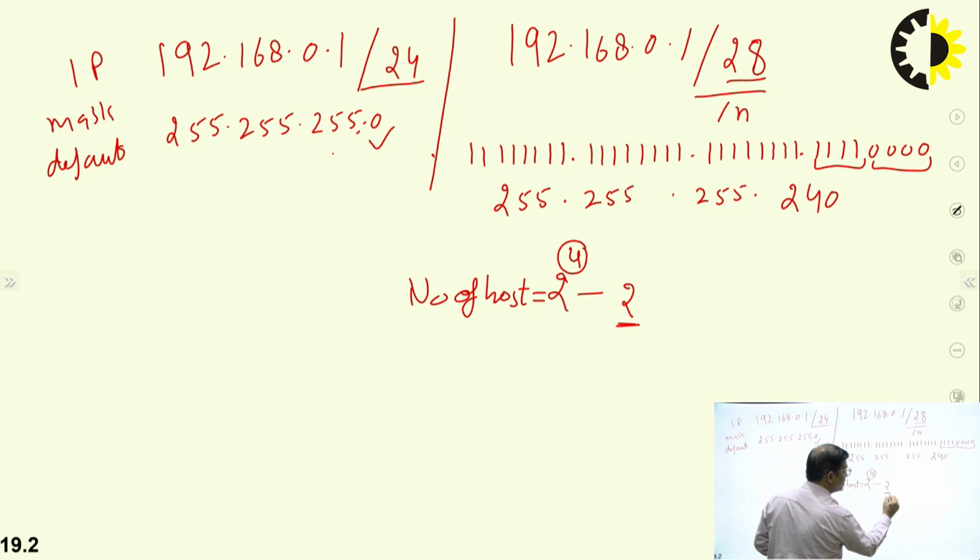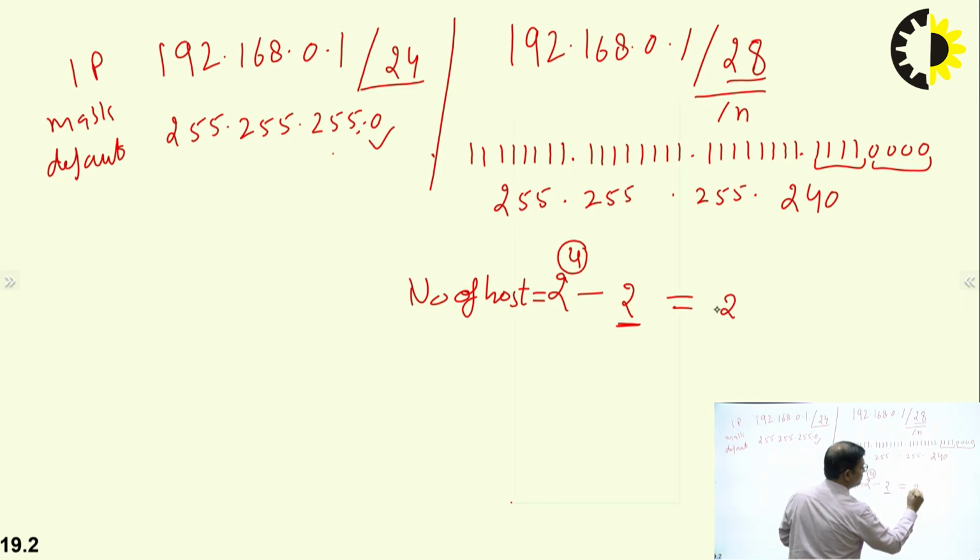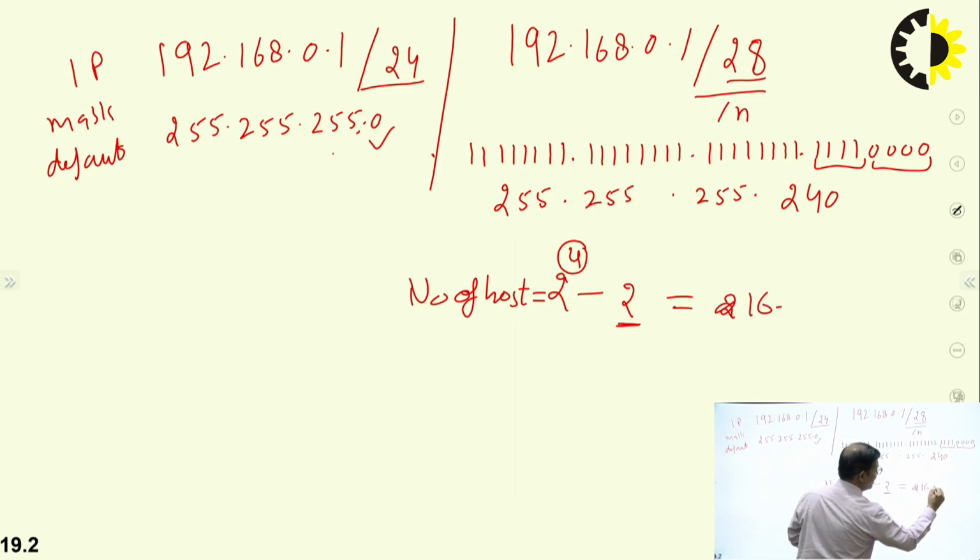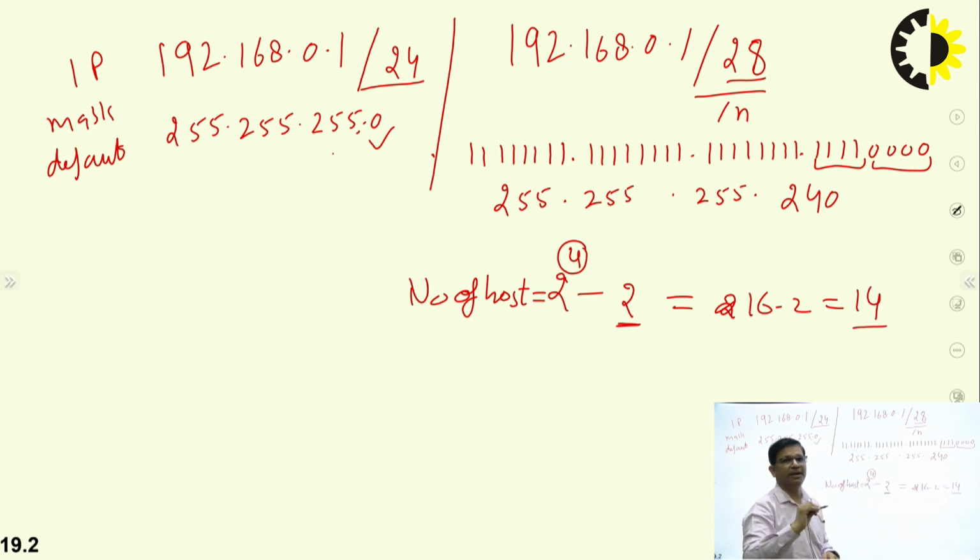Minus 2 because in any subnet the first address is treated as the network address and the last address as the broadcast address. So we subtract 2, one for the network address and another for the broadcast address. The rest are host addresses. 2 to the power 4 is 16, minus 2 means 14 hosts can reside in one subnet.